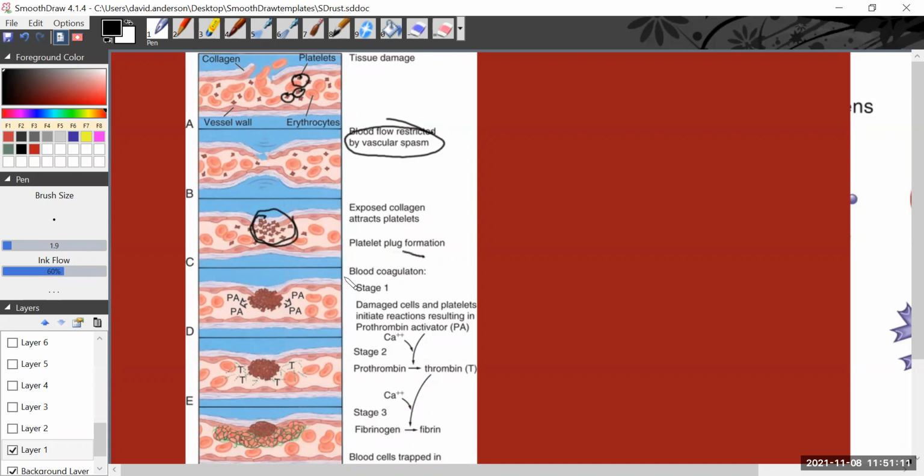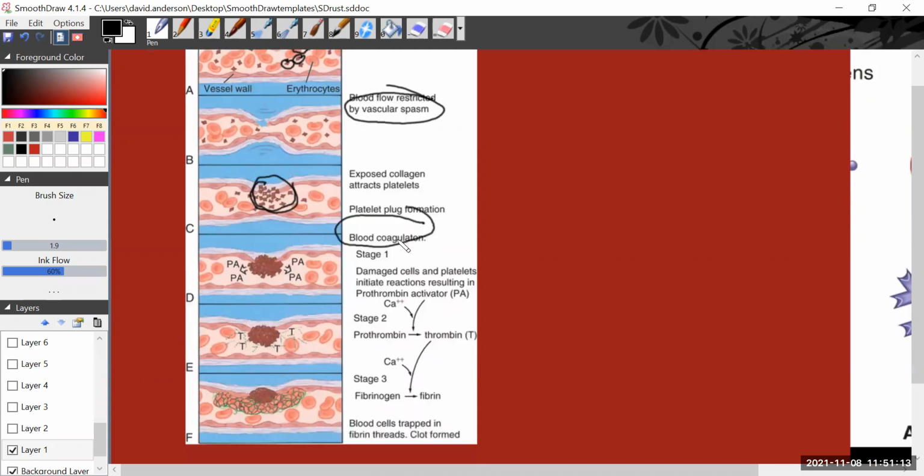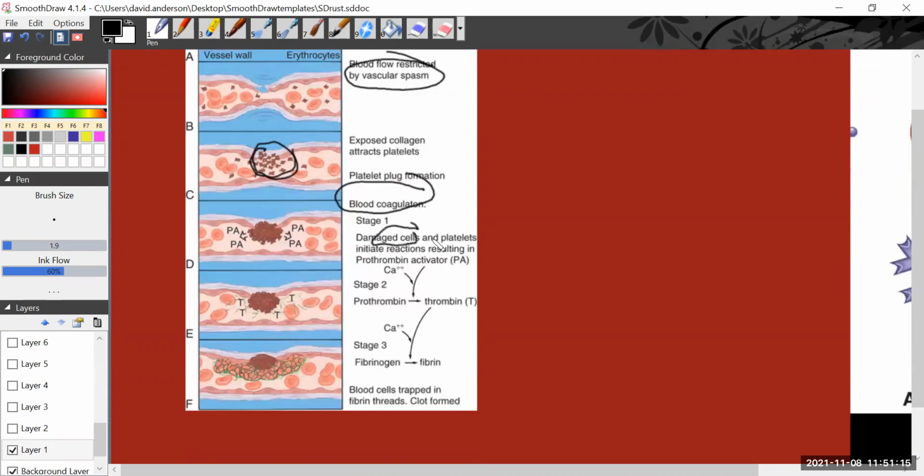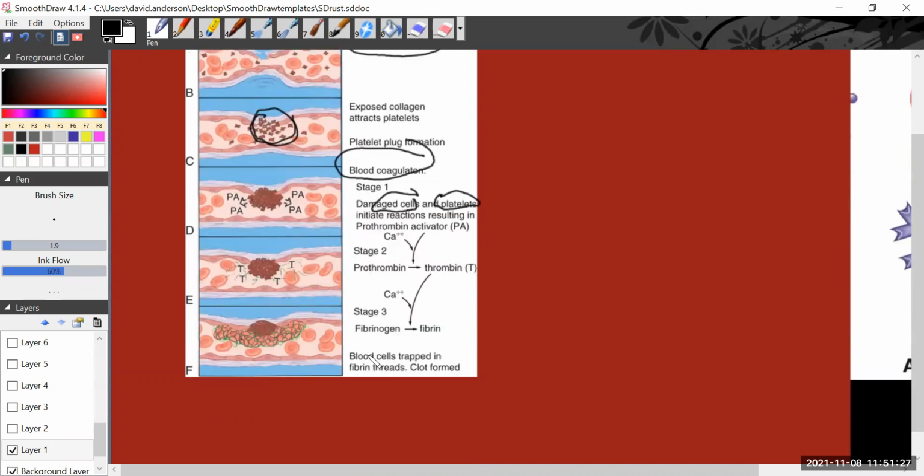Then we get the steps for coagulation. Damaged cells, extrinsic, platelets, intrinsic, the formation of a prothrombin activator, which converts prothrombin to thrombin, fibrinogen gets converted to fibrin, and we form a nice, strong clot that can trap red blood cells and fibrocytes to be able to initiate and complete the repair process.